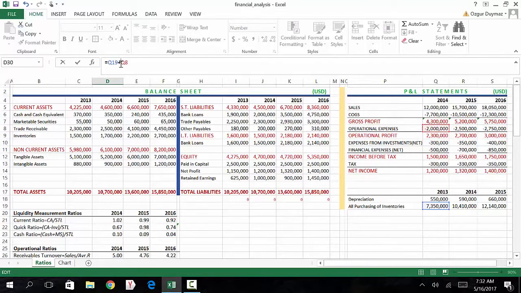You should use minus because the expense is already minus, divided by average payables from balance sheet.